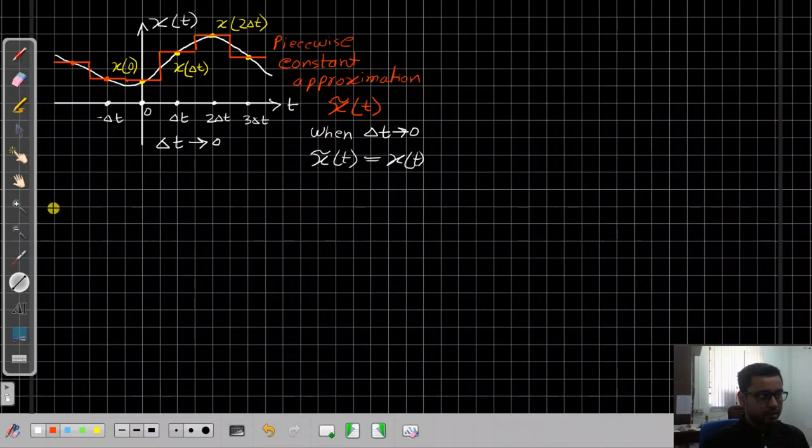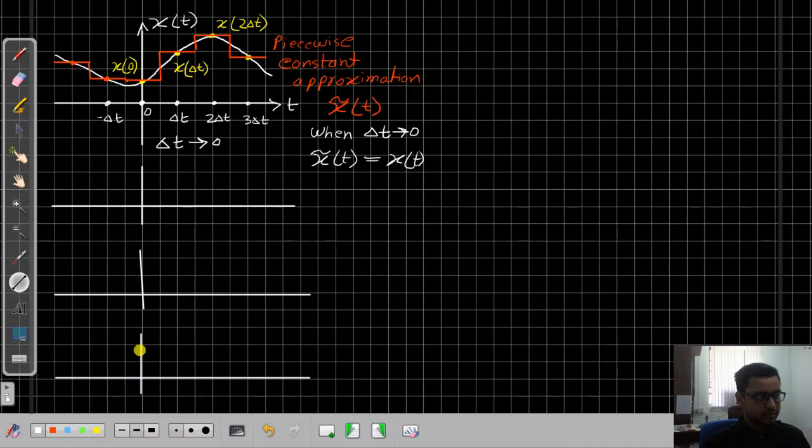Let me first draw a number of axes. Now look at this part of the signal, from here to here.